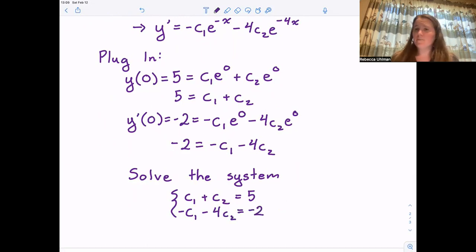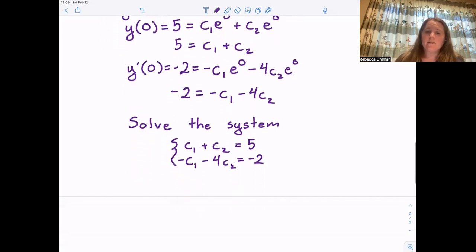You can solve this system using matrices in linear algebra. You can solve this system by doing just elimination straight with it in this form. You can solve the system by doing substitution. That is entirely up to you. I'm going to do elimination. So if I add these together, c1 minus c1 is just 0. c2 minus 4c2, we would have -3 times c2.